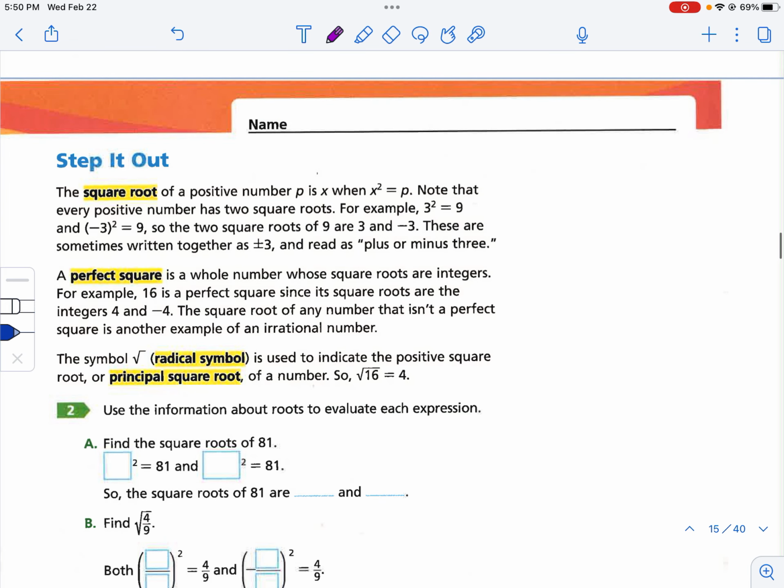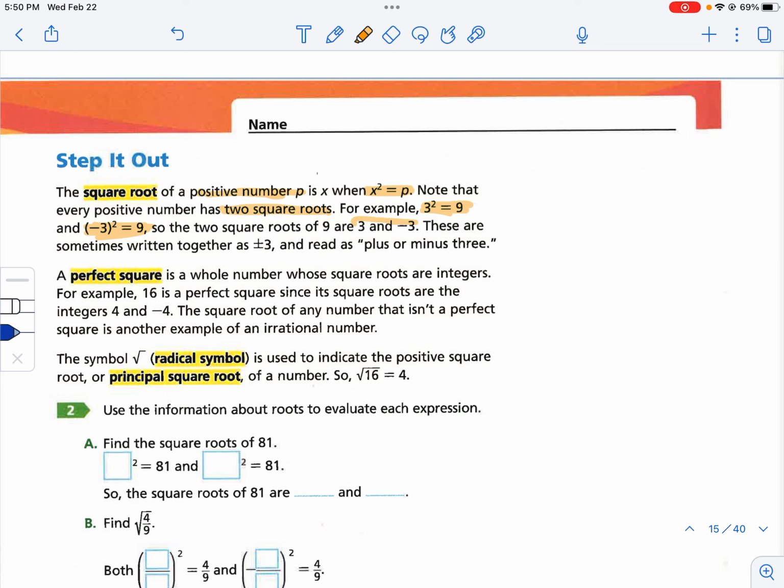So the square root. The square root of a positive number p is x when x squared is equal to p. Note that every positive number has 2 square roots. For example, 3 squared is 9, and (-3) squared is 9.